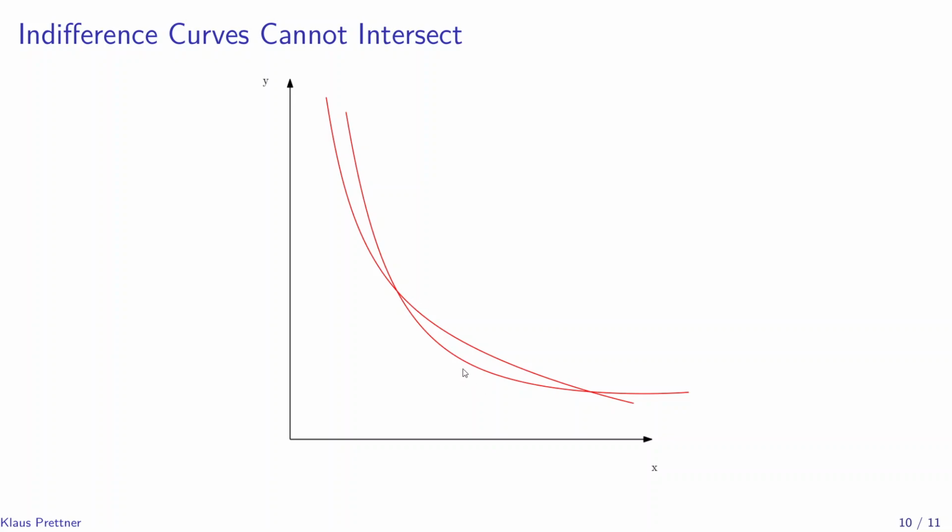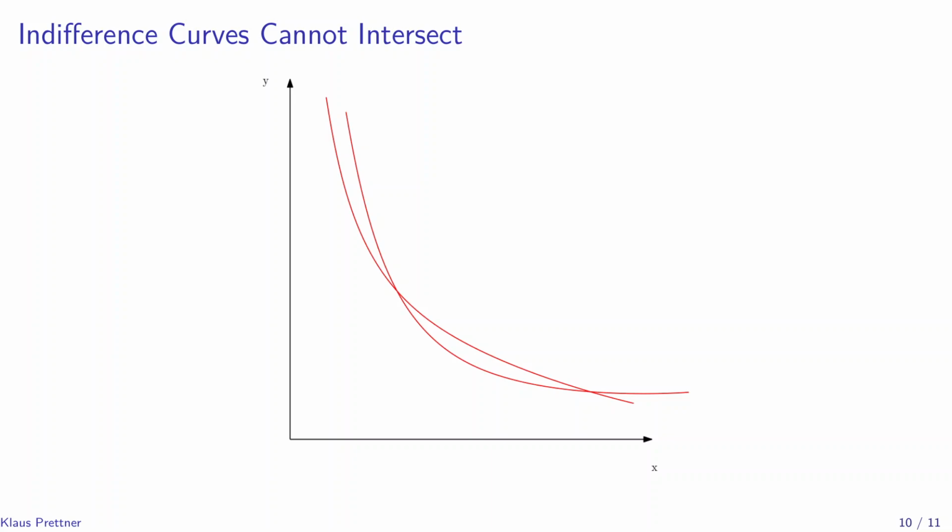You see this here. So for example, at this point here, a point along this other indifference curve would be strictly preferred to a point along the indifference curve on this set, right? But if we are here, then a point along this indifference curve up to here would be preferred to a point along this indifference curve.